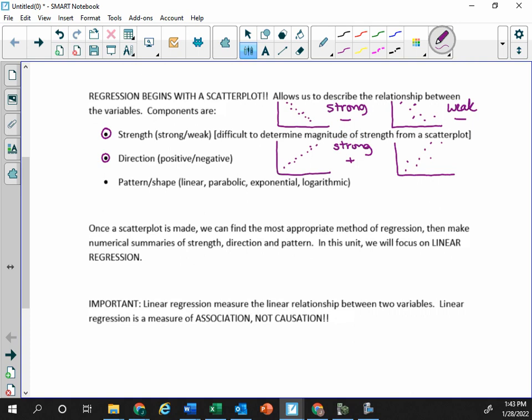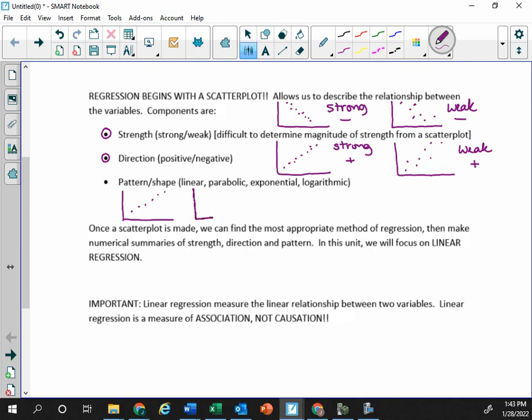Weak positive. So I'll sketch these shapes for you too, what you might see in your scatter plot. Most of what we're going to deal with, especially in this unit, is linear. And that's kind of what I've been drawing. It's not going to be a perfect line, but it should follow a linear shape.